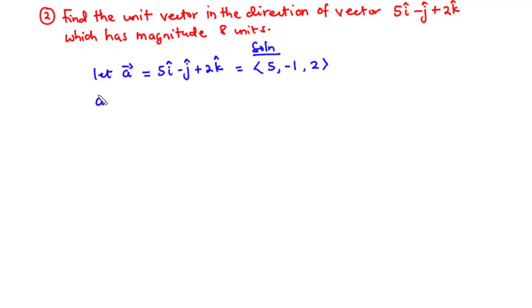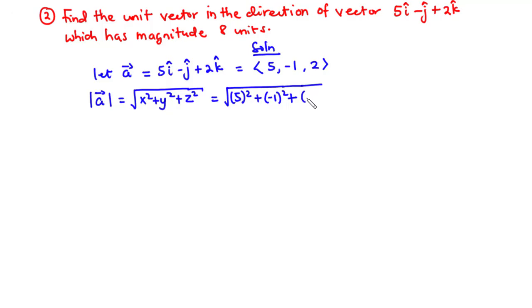The magnitude of vector A is equal to the square root of the square of the x component plus the square of the y component plus the square of the z component. We have the x component to be 5, so 5 square, plus y component -1, and then z component 2.